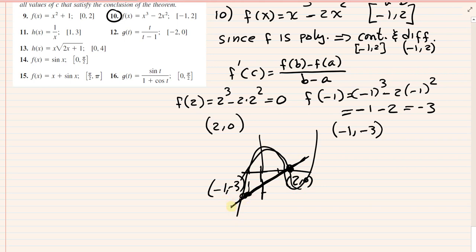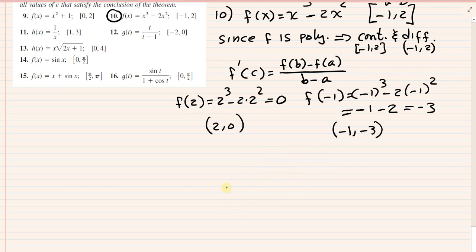But we found, we have the points on the secant line. Now, having those points, we can find the slope of a secant line, right? So f at b minus f at a over b minus a is going to be the slope of a line through 2 points.